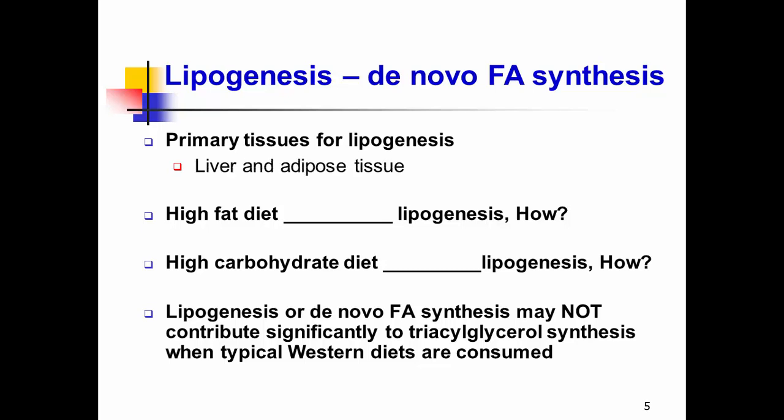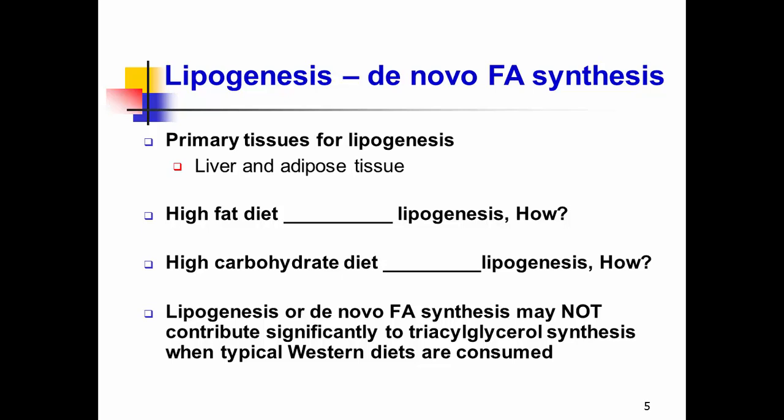Adipose tissue, right? Compared to liver, adipose tissue synthesizes much less fatty acids. The liver is the primary tissue for lipogenesis, and lipogenesis also occurs in adipose tissue and skeletal muscle.